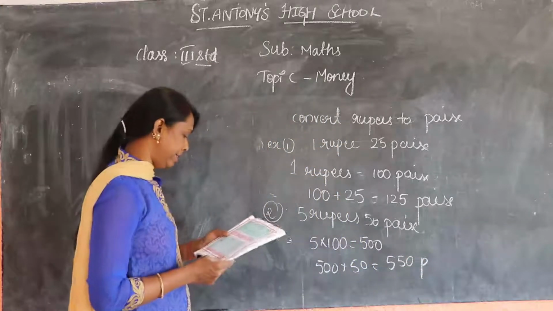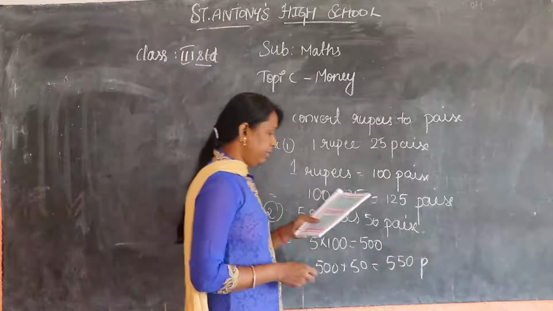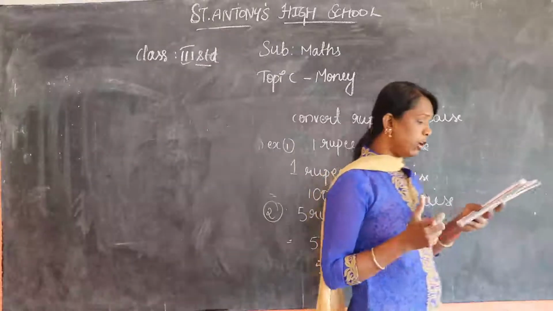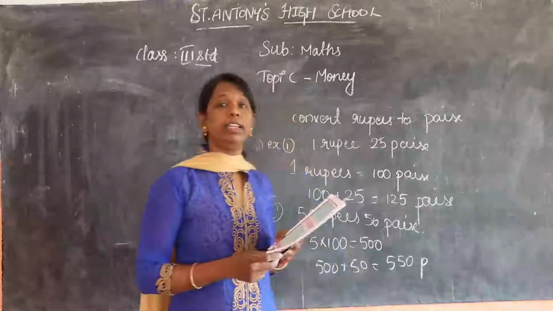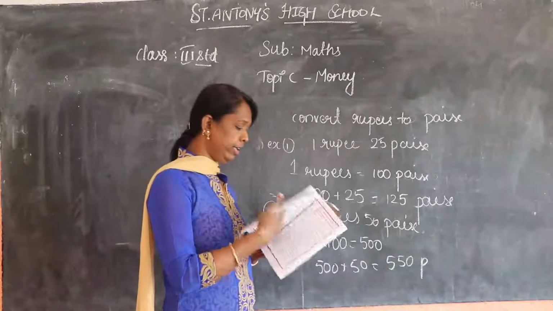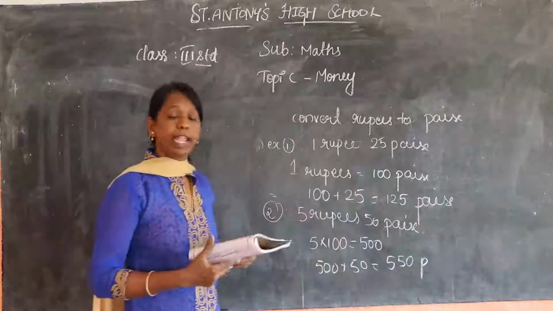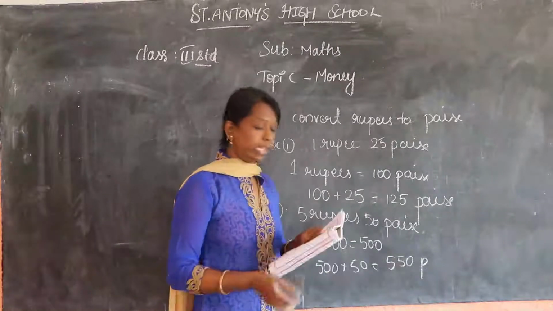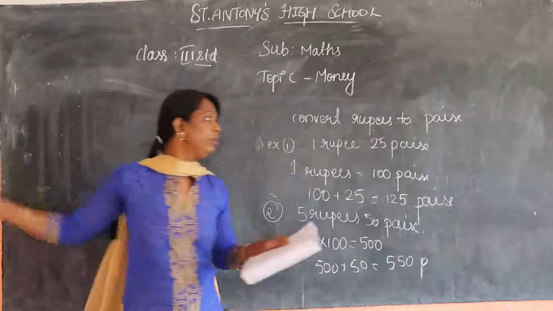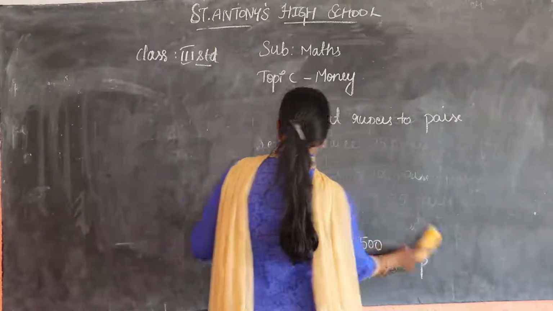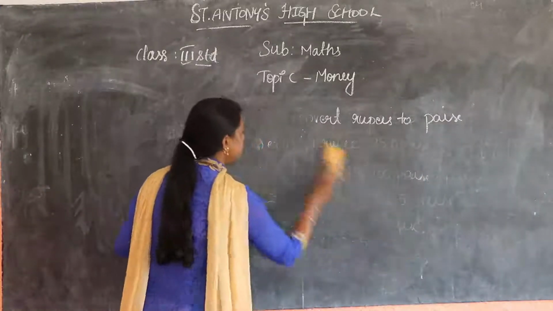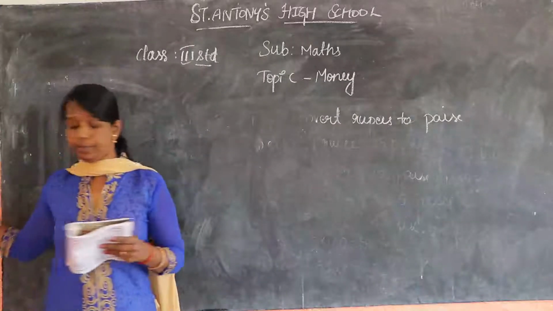From your page number 53, do conversion of rupees to paise orally. So you have to write neatly in your rough book. And then next exercise number 9.3, convert the following into paise. Here we have to convert some rupees to paise from exercise number 9.3.